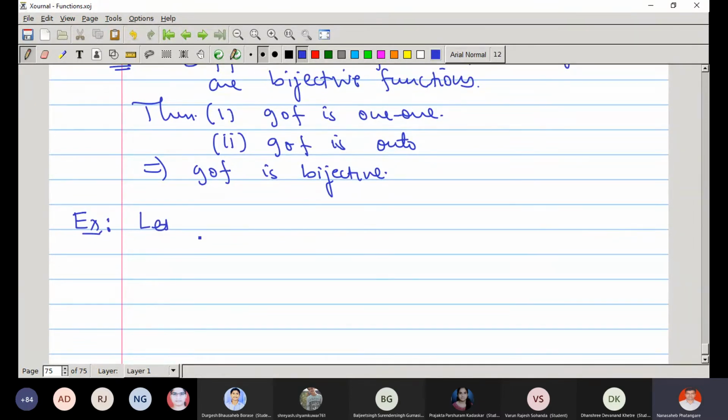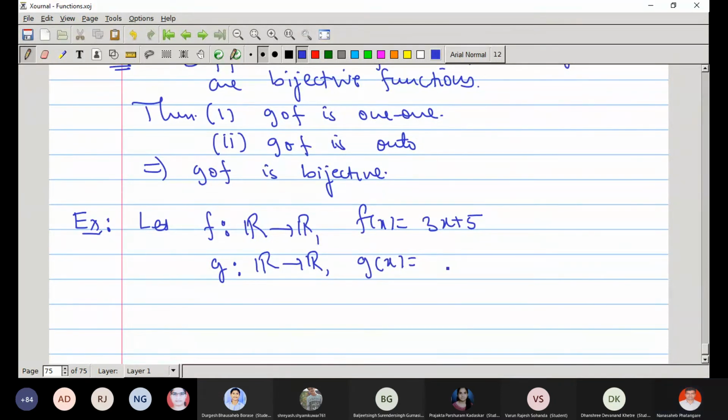Okay, let me define a function from R to R, f of x is equal to 3x plus 5, and I define another function g from R to R, g of x is equal to x plus 1, right?